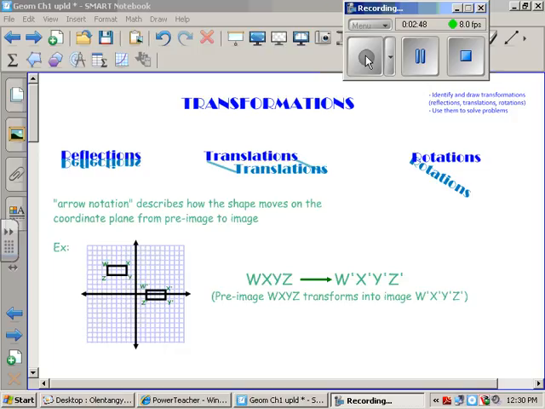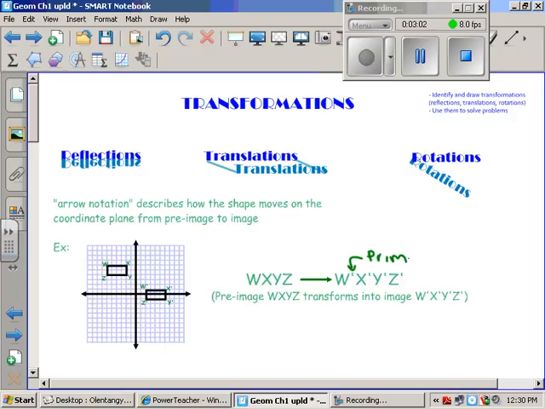And we would say this W prime, X prime, Y prime, Z prime. All right, so to read this across, WXYZ is transformed into W prime, X prime, Y prime, Z prime. And that's how we mark the image, the new placement of the image.